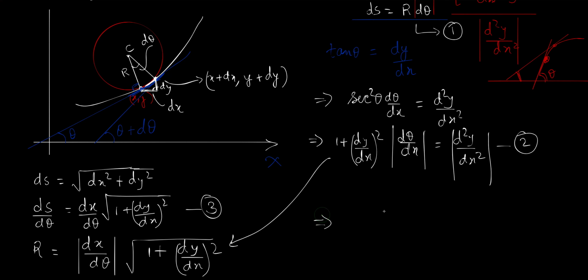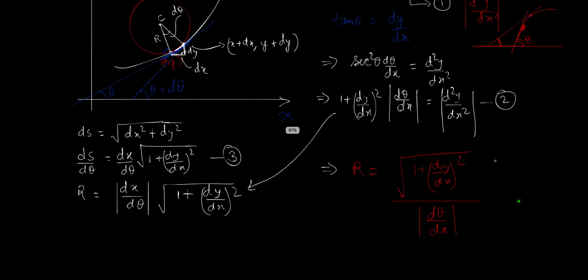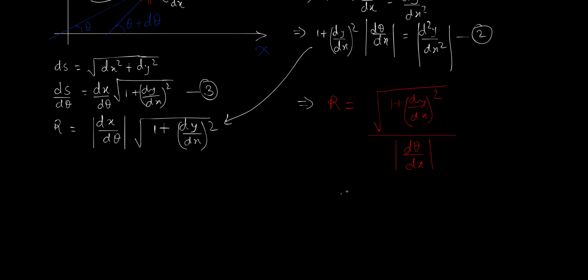So finally you will get r equal to the square root of 1 plus (dy/dx) whole squared, over the mod of d theta over dx. And what is the mod of d theta over dx? From equation number 2, you can plug this value down here.